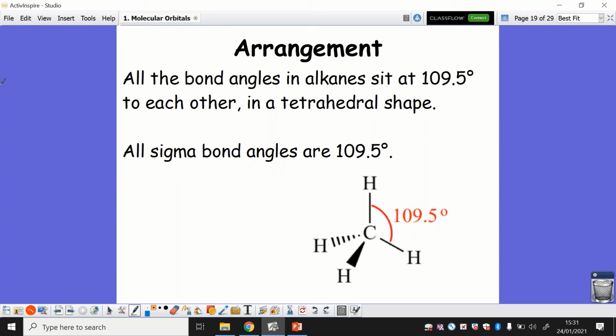That is of course due to the repulsive effect of the sigma bonds. So there's obviously quite a big lobe here, and then quite a big one there, pushing them away. And when all that balances out between here, here, and here, we get bond angles in between every sigma bond of 109.5.